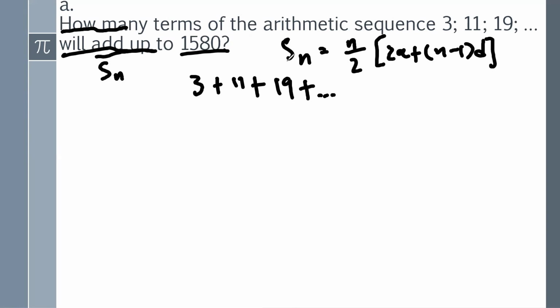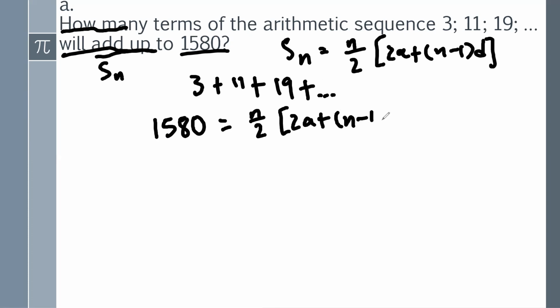So let's try and solve for n here if Sn is equal to 1,580. So I will equate Sn to this, and then we're going to solve for n and see what comes out of this. So this is what I have. Obviously, I need to substitute the difference. My apologies there.